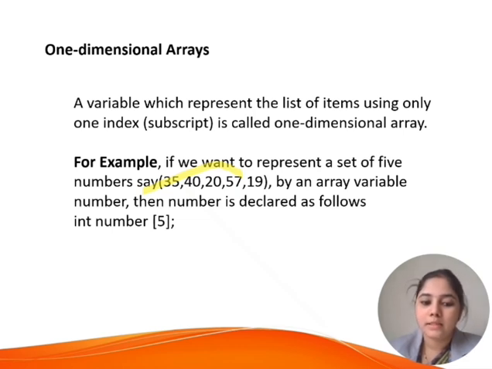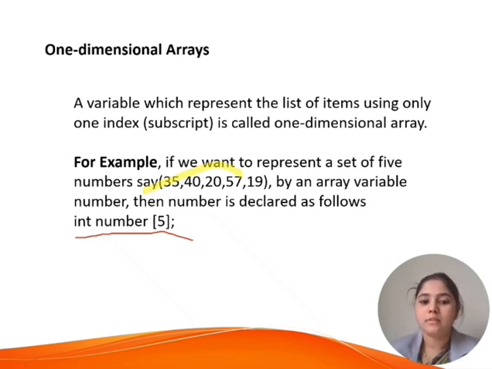This is nothing but int number[5]. Here int is your data type, followed by the array name, which is number, followed by the size. The array size is given here as 5, meaning we can only store 5 elements in the array called number.